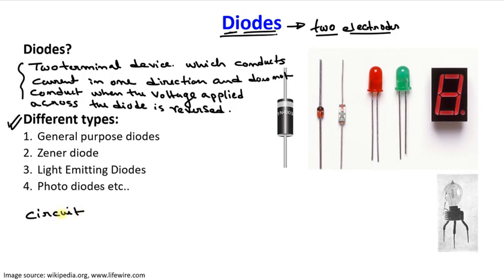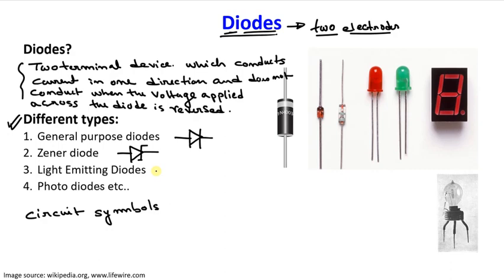What about the circuit symbols of these diodes? For a general purpose diode, in a circuit they generally represent it like this. Zener diodes, even though they are PN junction diodes, as all of these are, we represent in this way.